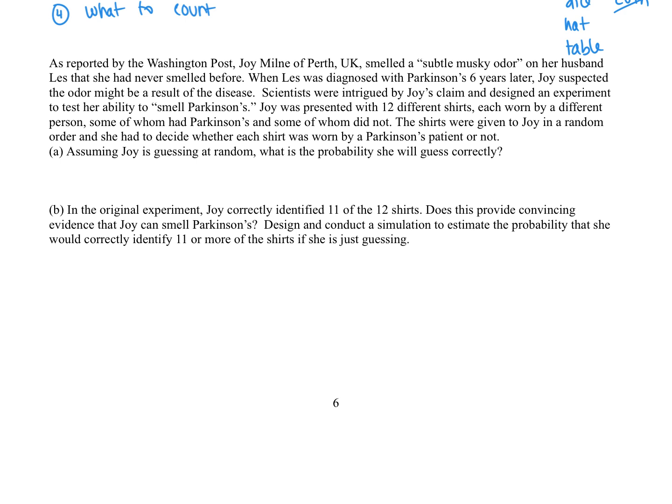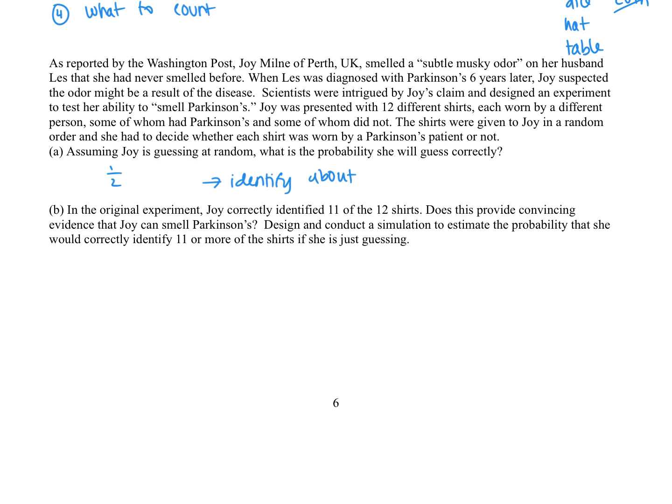Should be 50-50, right? So the likelihood is just 1/2.